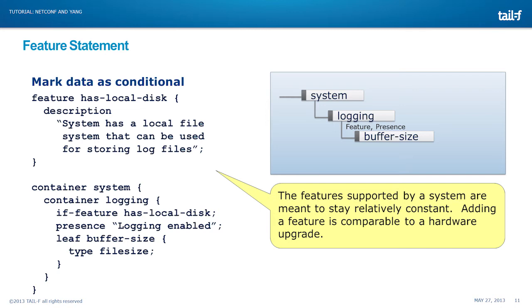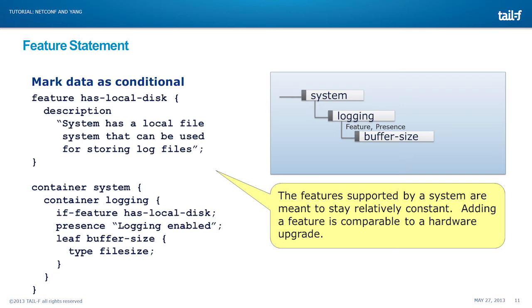But different models have different feature sets, and you want to use a common data model with particular features. So in that case, you define features in your Yang model using the feature statement, and then later on in your data model, you use the if-feature statement to have certain things present.